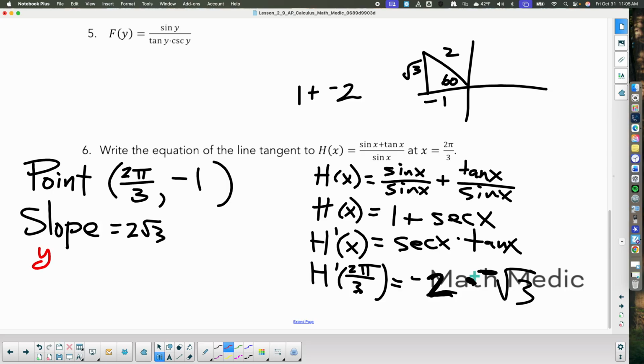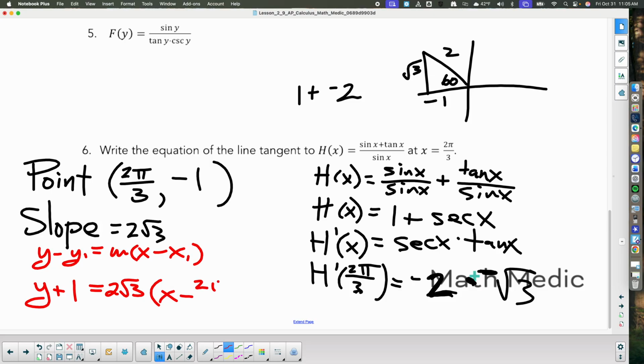So it's going to be y minus y1 equals m times x minus x1. So you've got the info right there to write it with. Perfect.